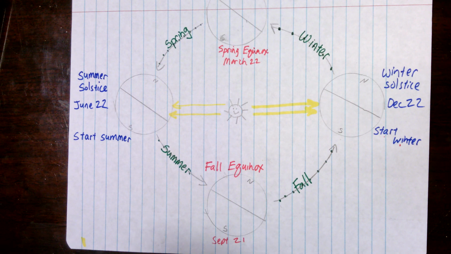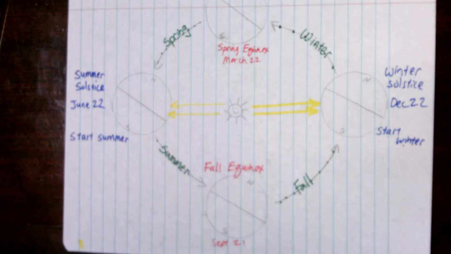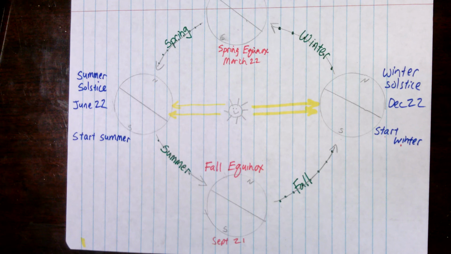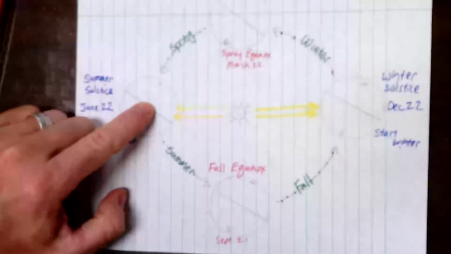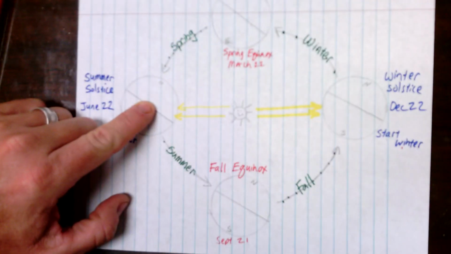Okay, now we've got where our seasons are happening. But what is physically happening on those days? What's happening to the Earth as it's moving from here to here? Remember, this is the longest day of the year, June 22nd.